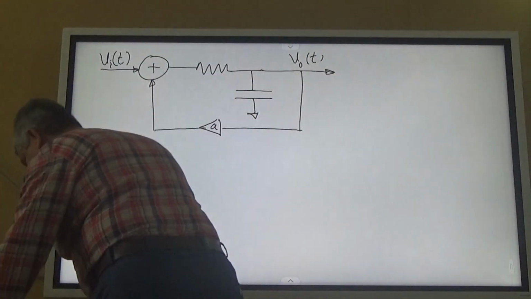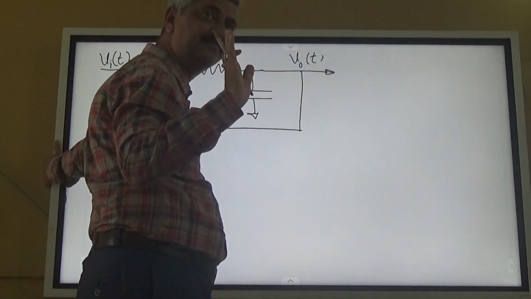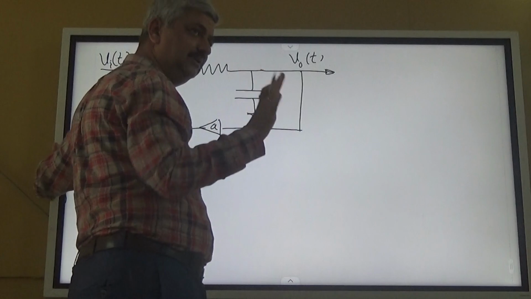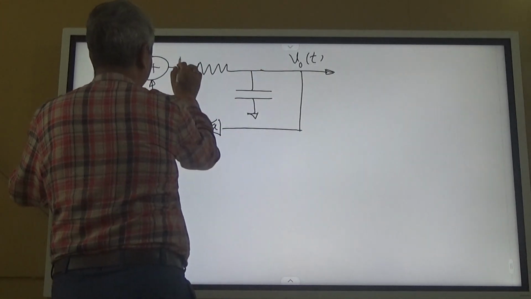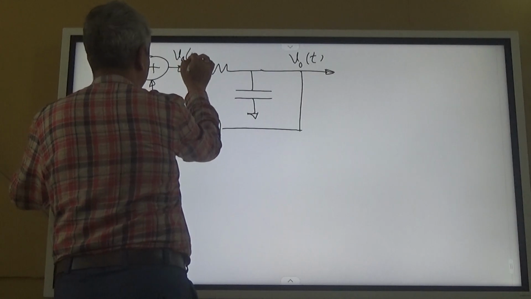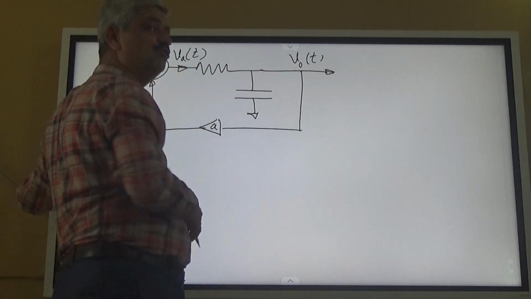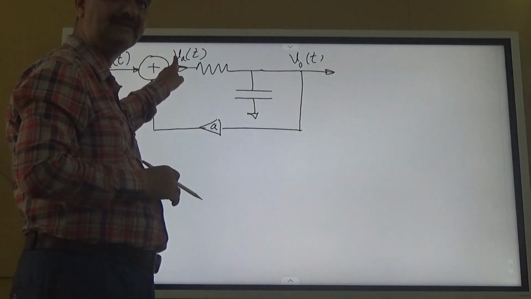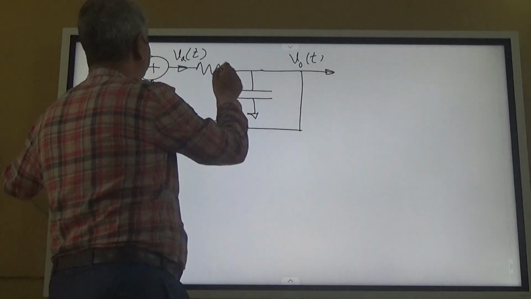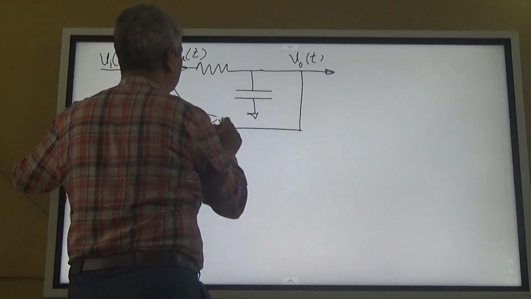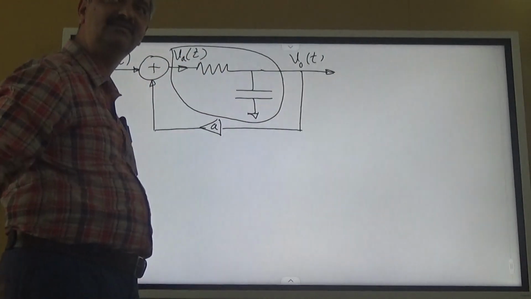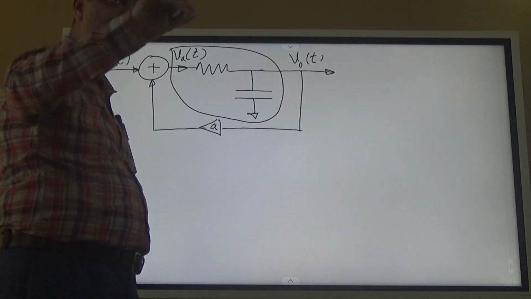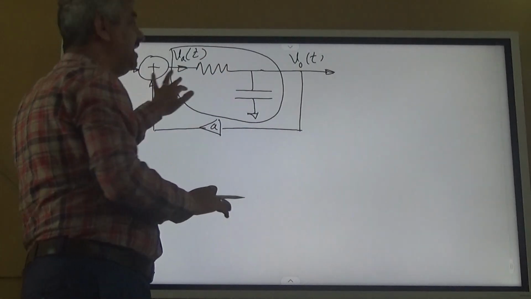So to construct the differential equation between Vin(t) and Vout(t), we use the known thing. First of all, this is something which simplifies the things. I will assume this to be Va(t). So you can look at this as a separate problem. With respect to this, Va(t) is input.